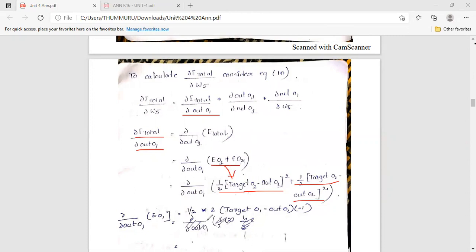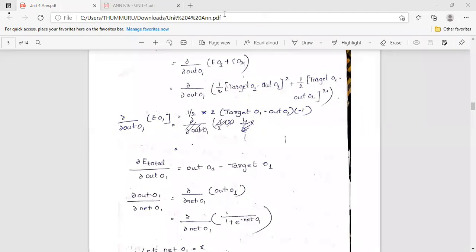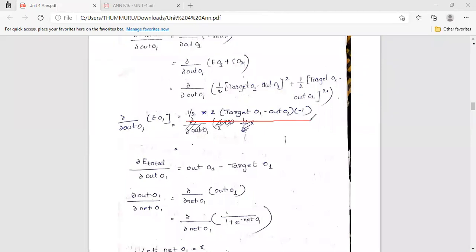And after taking this, here you are going to calculate the total formula. Finally, this is the value.